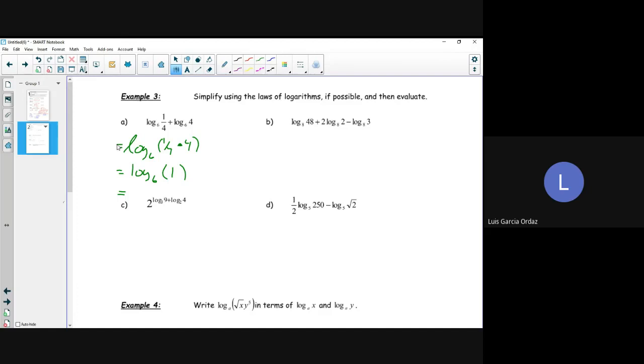Zero. So this whole expression gives us 0. So log base 6 of 1 over 4 plus log base 6 of 4 is all equal to 0.